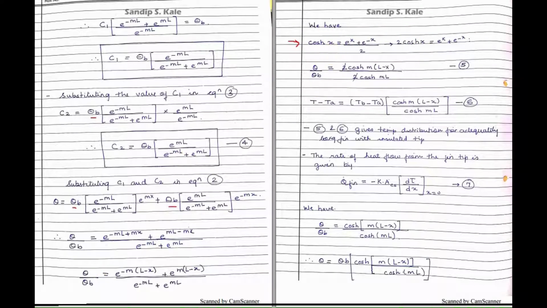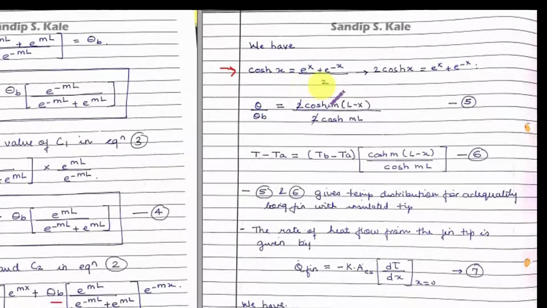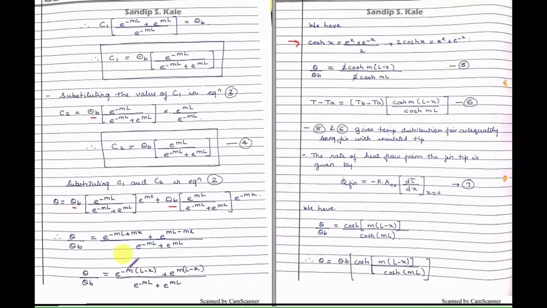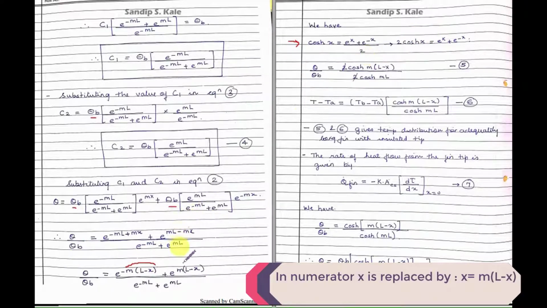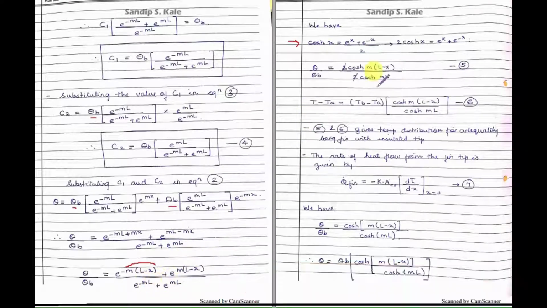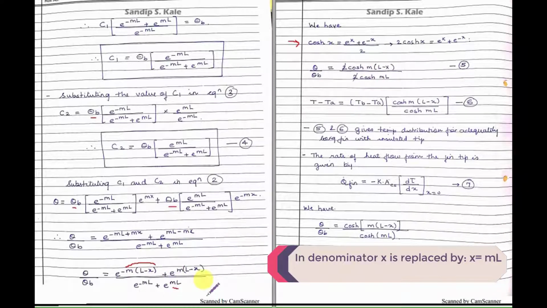So what I am left with, theta divided by theta b, is equal to 2 multiplied by cos hyperbolic of this whole term, which is replaced by x. So x is replaced by this whole term, that is m in bracket L minus x, divided by the same here, cos hyperbolic x, where x is replaced by this term, that is nothing but ml.